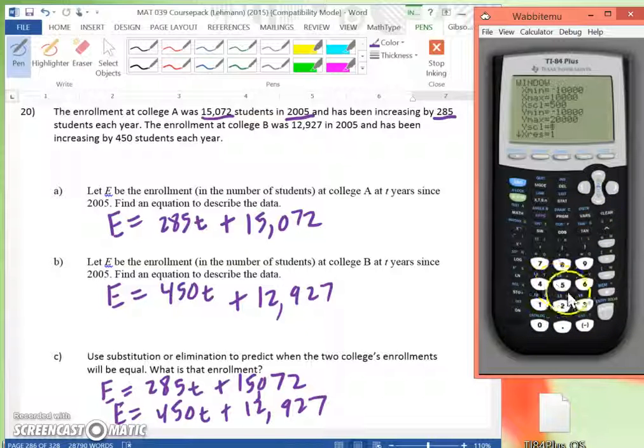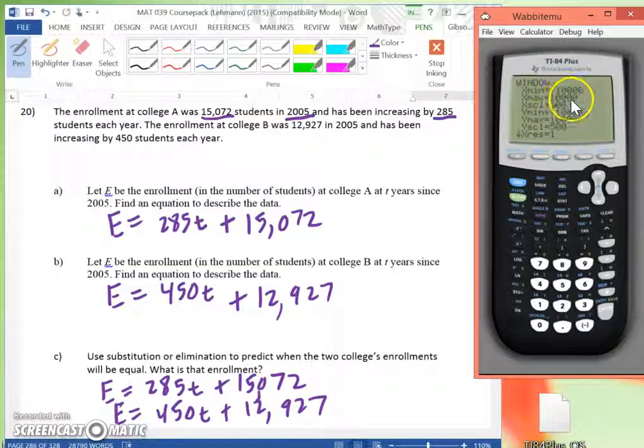Then we can still make it go in increments of 500. Now let's press graph. Oh wow, it's not showing. Huh. Okay class, we'll go back to the window here.